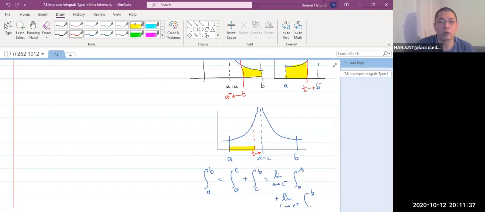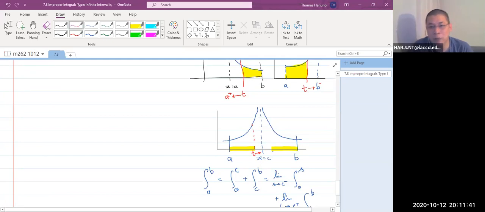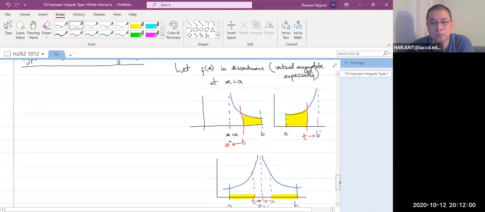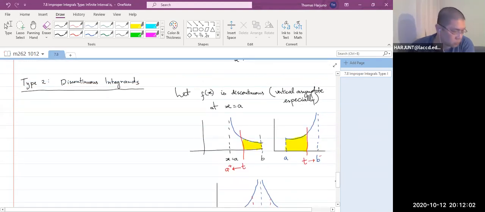While the one on the right-hand side here, you will integrate from s to b, and then you push that s approaching c from the right-hand side. So that's how we avoid the infinity. We deal with that infinity later. That's the plan.